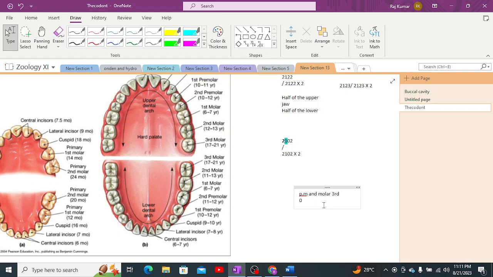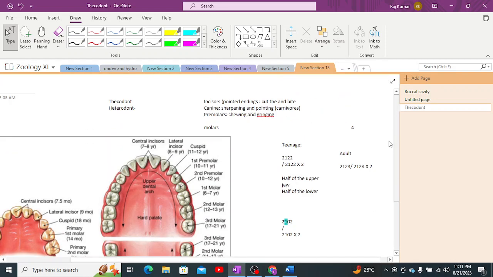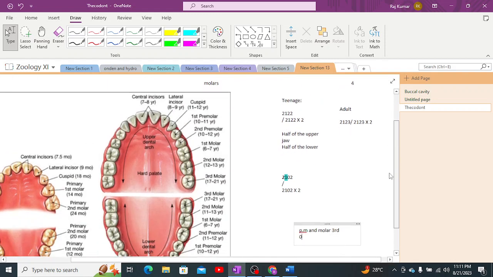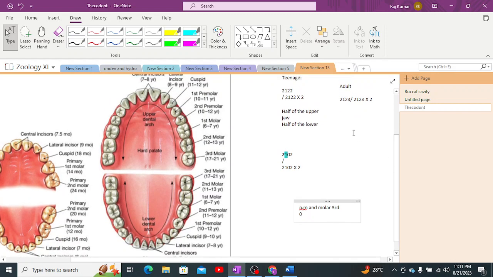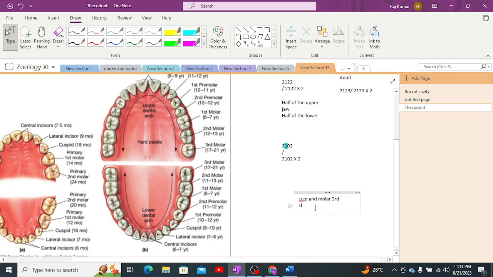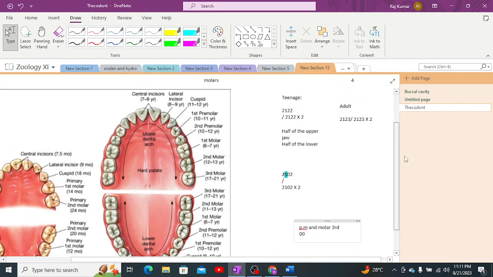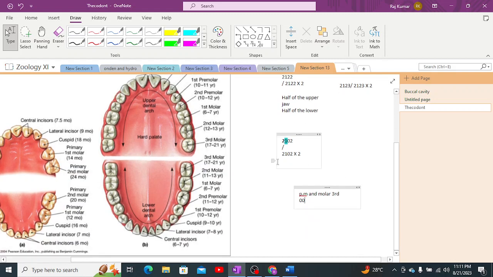We can simply calculate it by subtracting milk teeth from permanent teeth. Here permanent teeth is 2 and milk teeth is 2, so it becomes 2 minus 2, 0. Permanent teeth is 1 and milk teeth is 1, so 1 minus 1, 0. After which we have 2 in permanent teeth and 0 in milk teeth, so it becomes 2 minus 0, 2.